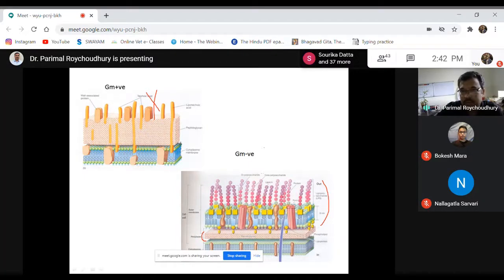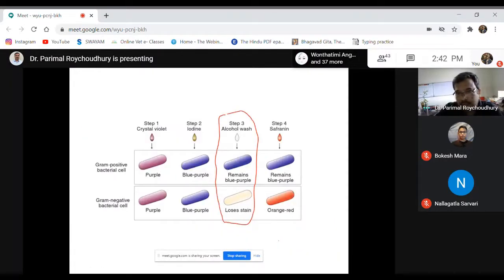So when you apply alcohol in case of the gram-negative bacteria, it readily dissolves this lipid layer, and then it will percolate through the peptidoglycan, which is a loose structure in case of gram-negative, and decolorize the entire bacteria. So thereby, the gram-negative bacteria will lose the color and gram-positive will retain it.